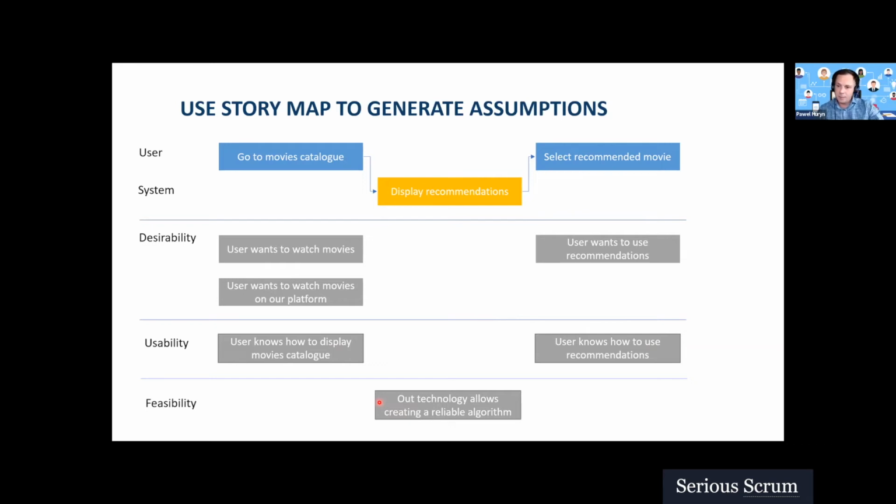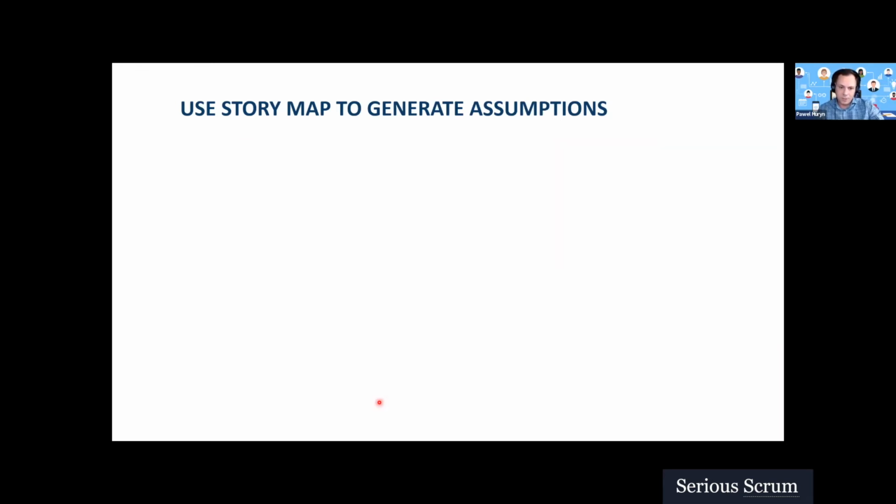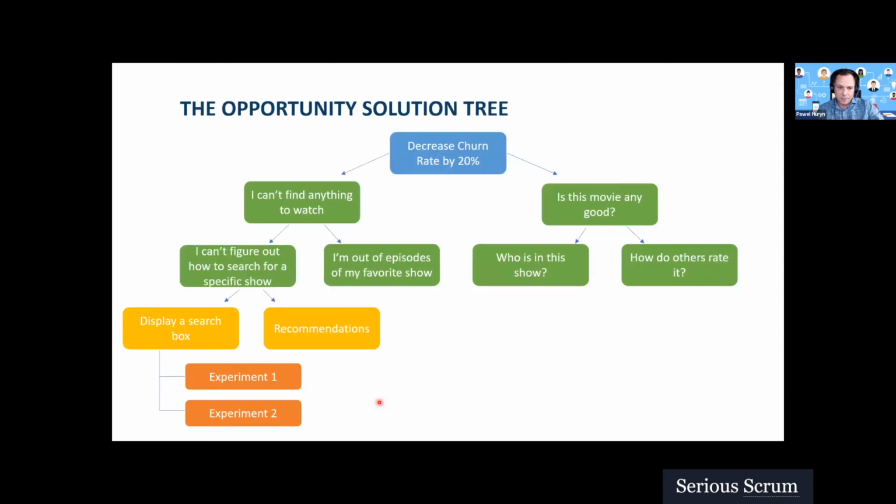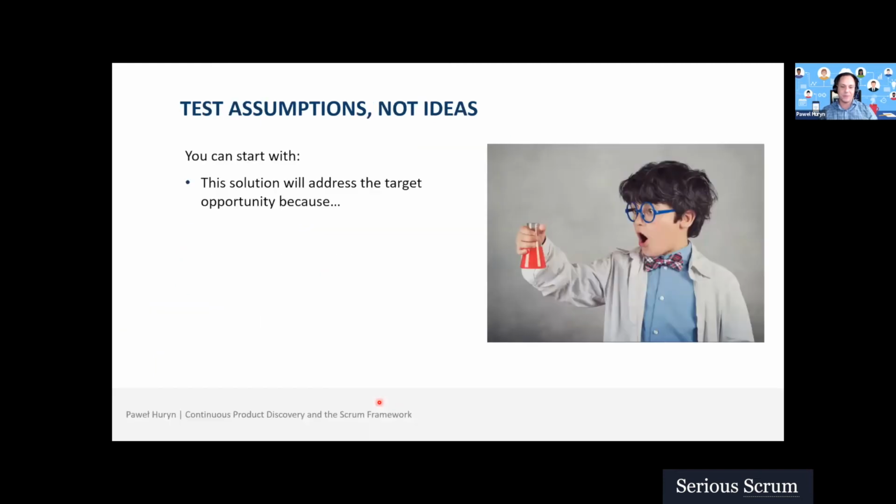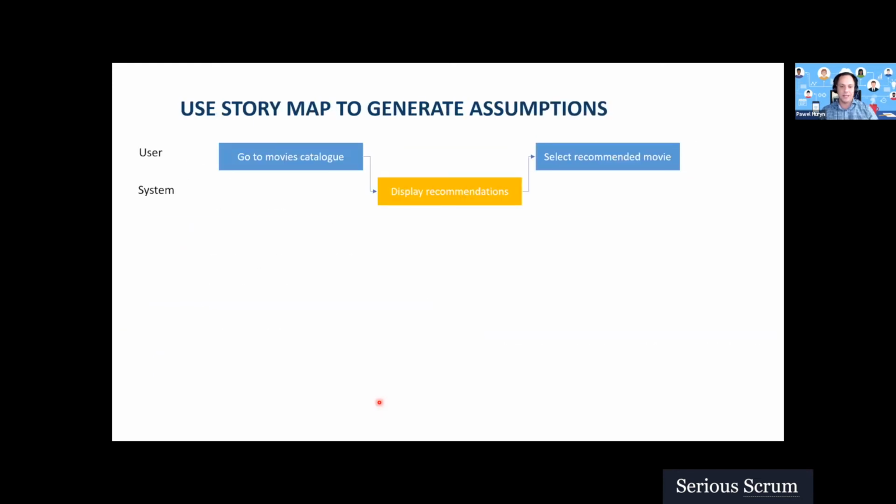So let me go back to the previous screen for a moment, and if you imagine, after interviewing maybe 10, 20 customers and mapping all these opportunities, and then generating ideas and generating assumptions, we have an enormous tree, and of course we do not want to test everything because it would take ages.